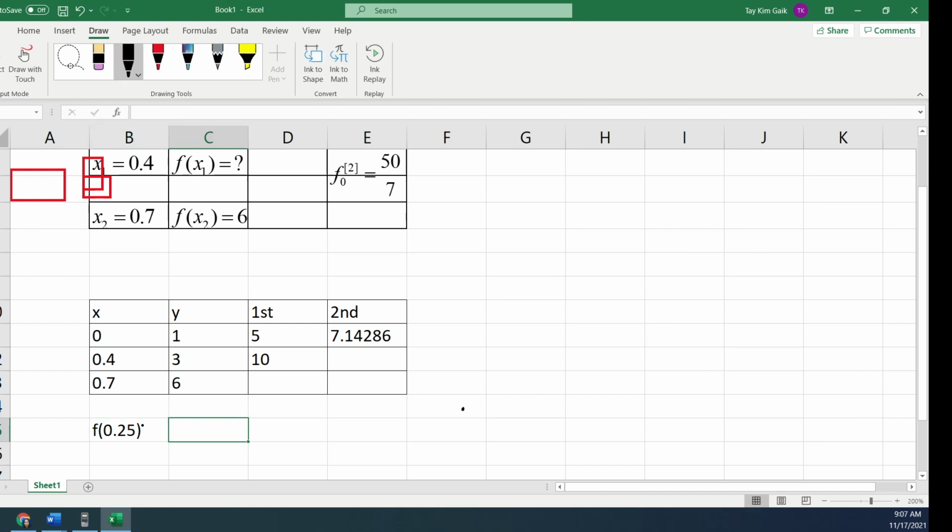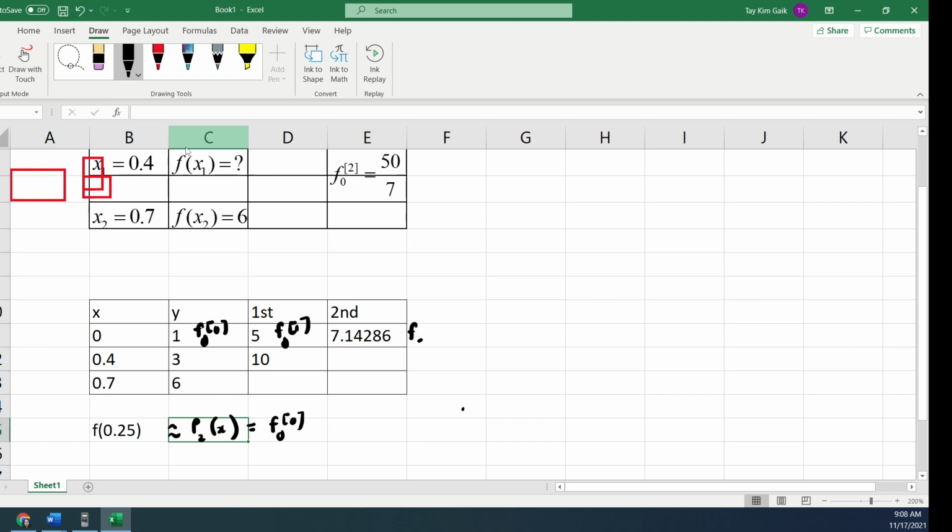So f 0.25, when you use Newton divided difference, is approximately equal to the p2(x), with 3 data points. The p2(x) is equal to your f00, which is the 0 level. f00 is here, this cell. This is f01.